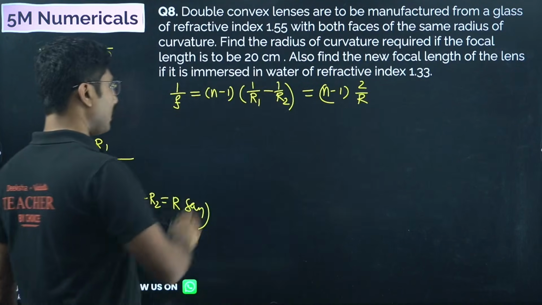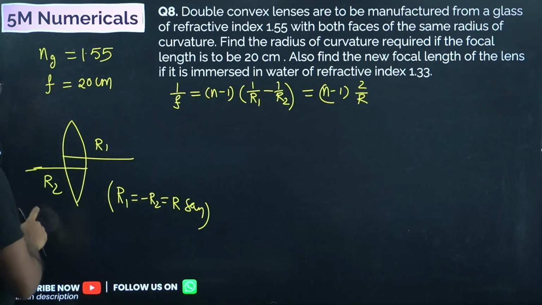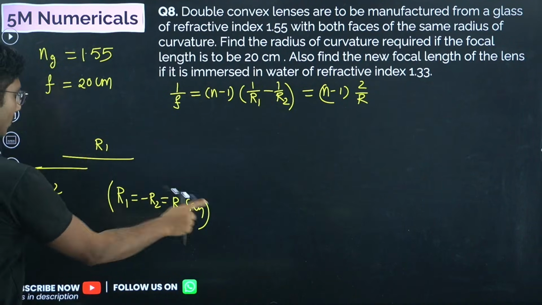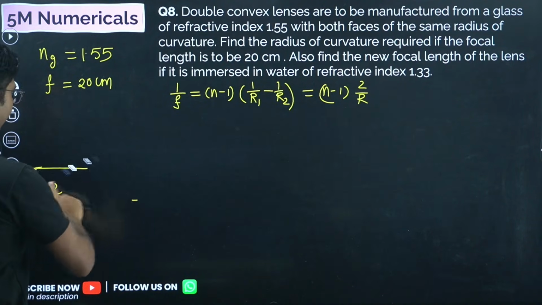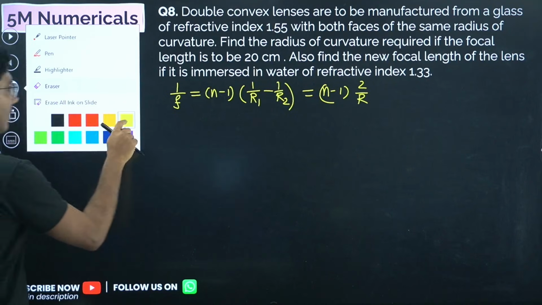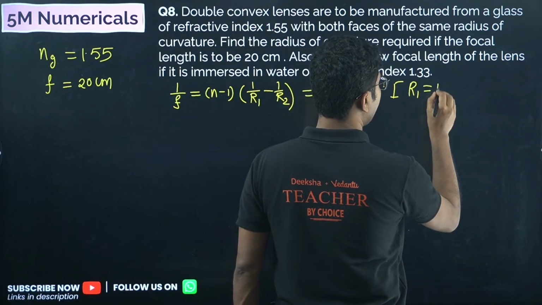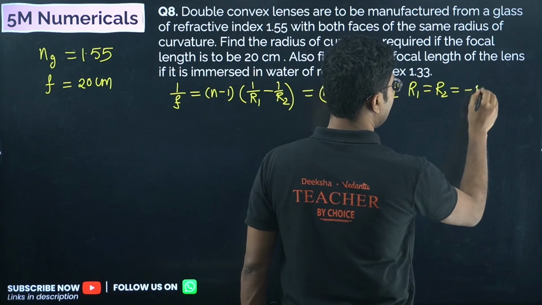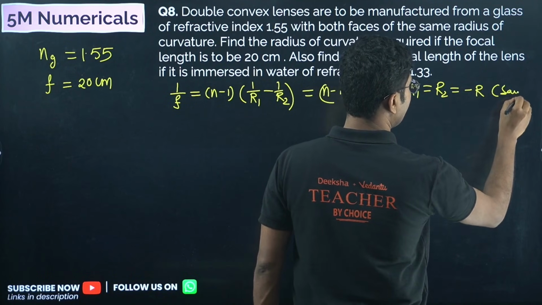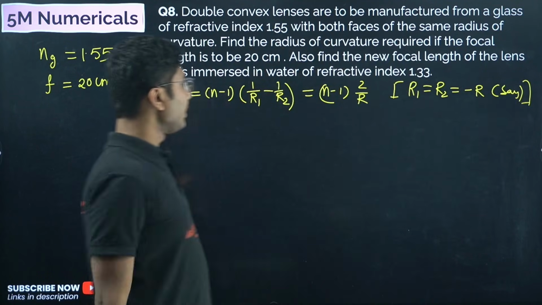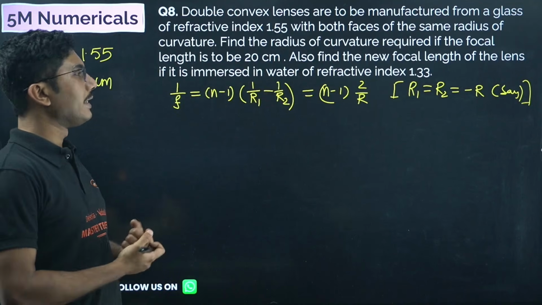One will be plus, one will be minus, and they will give 2 upon r. So here we will write r1 equals r, r2 equals minus r, and we get 2 upon r.